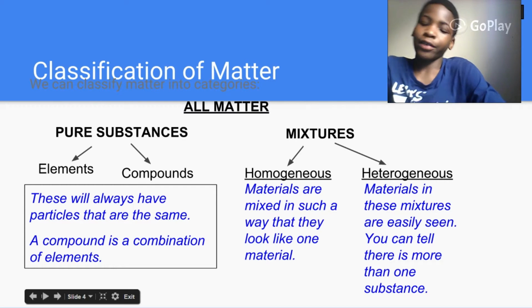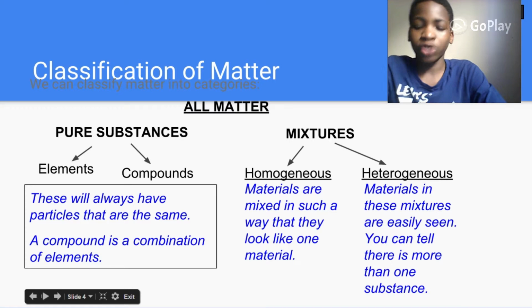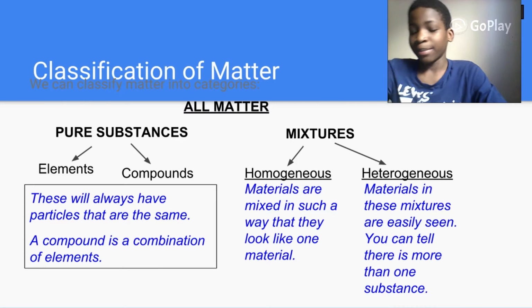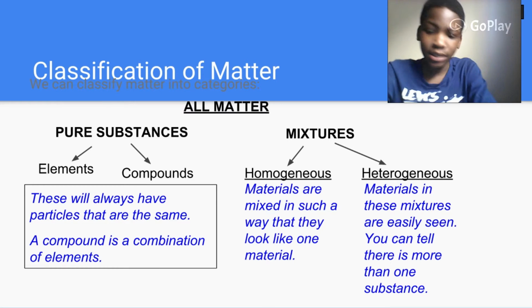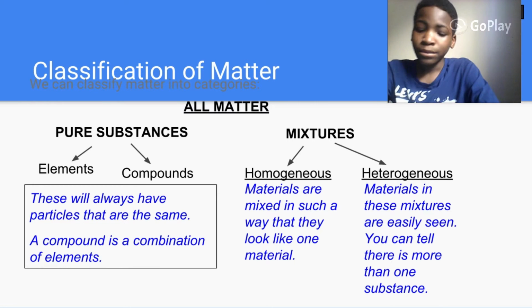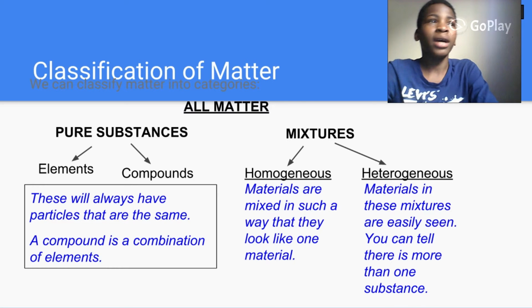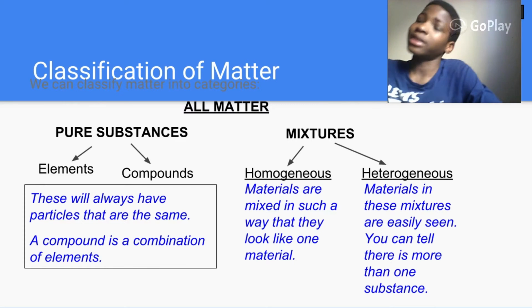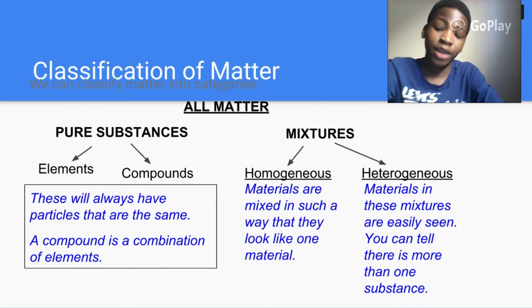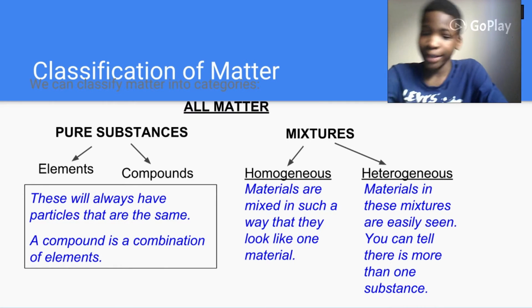Then heterogeneous mixtures are two or more materials that can be seen, like salsa, which is made up of different ingredients. And also, if I'm not wrong, 7-Up can be like that. You can see the gas bubbles that are created, which is also one of the different parts used to create it.